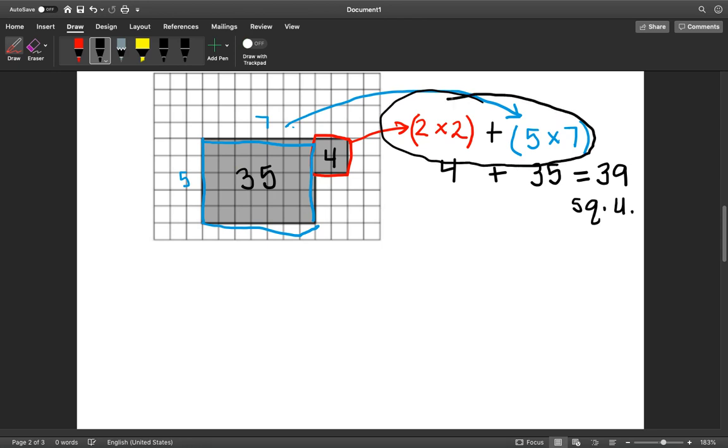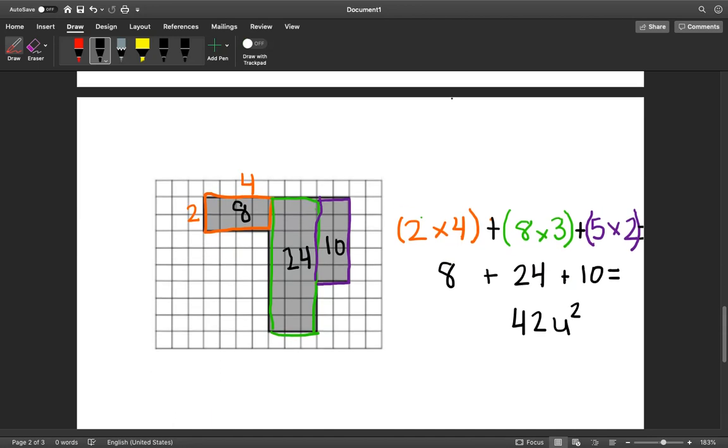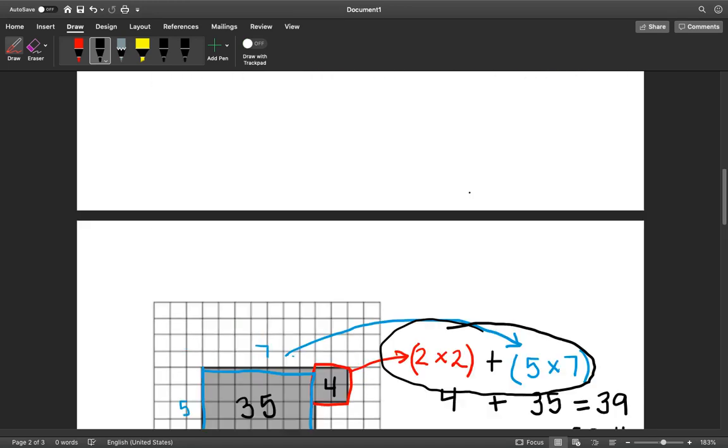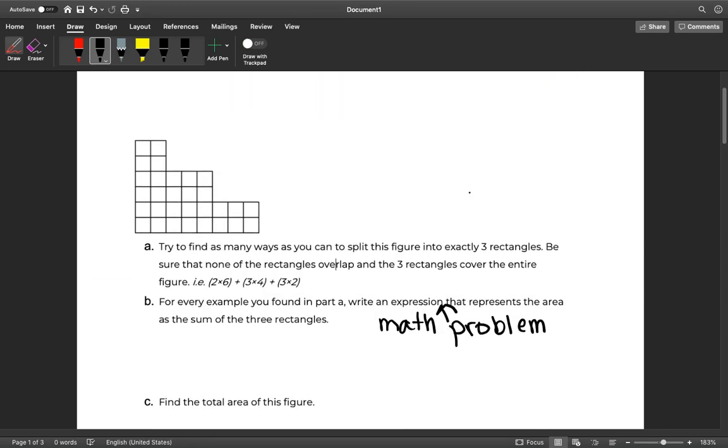That's the expression it's talking about. Or down here, this part is the expression that it's asking for. So when it says write the expression, that's the math problem that you would use to answer it. And then find the total area.